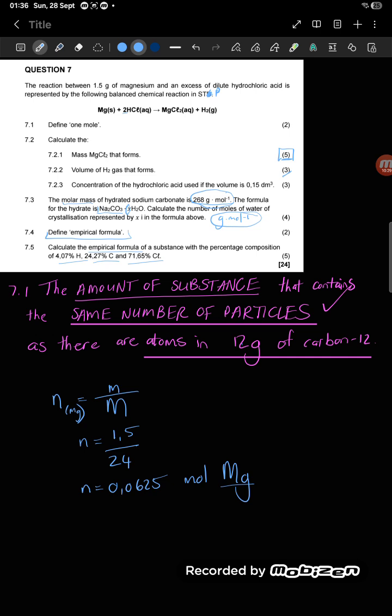So I'm going to look at magnesium, and I'm going to look at magnesium chloride. So this is my reactant. It reacts, reactant, that's product. So they are in a ratio to each other.